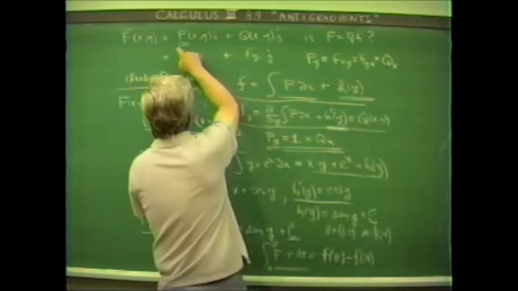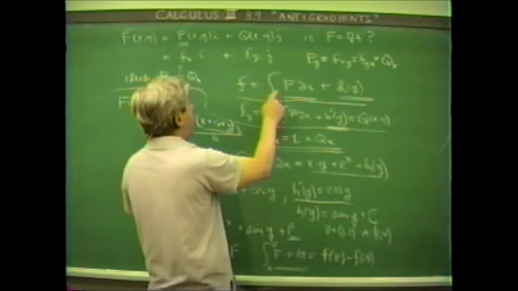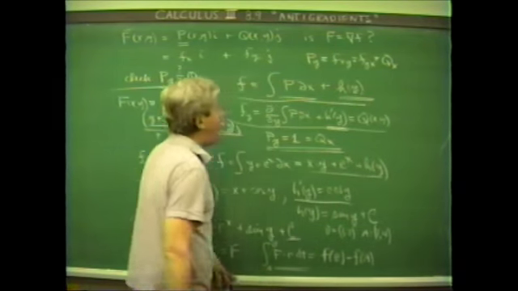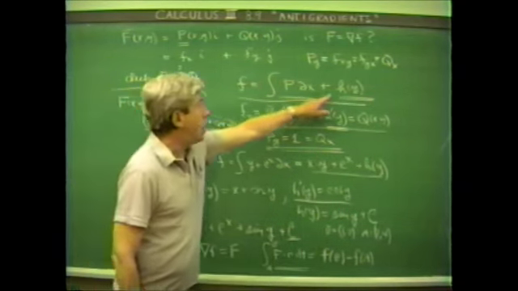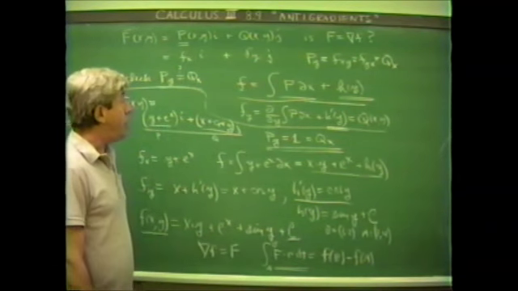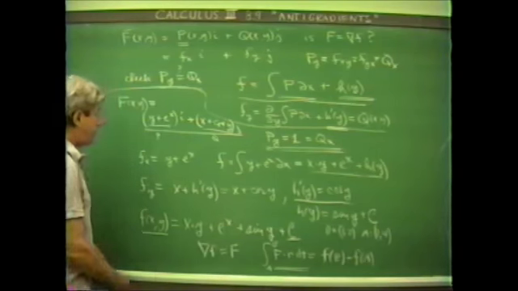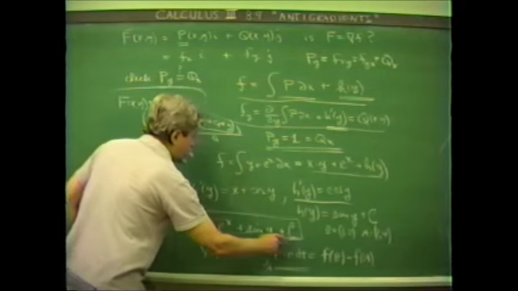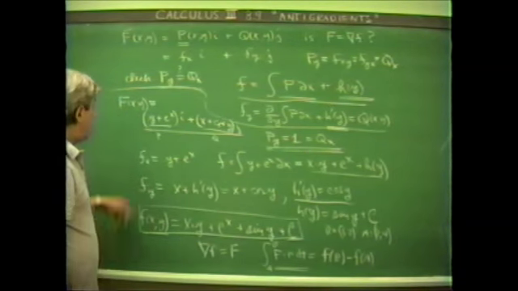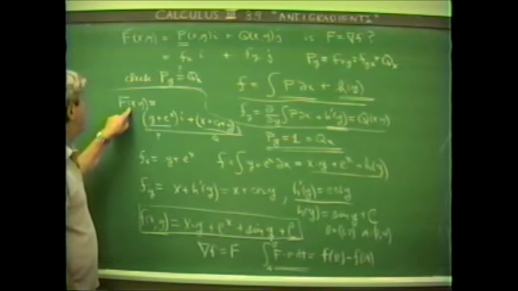Namely, if we had 3 variables and we took the antiderivative with respect to x, we would have to include a function of y and z, proceed on and solve for those functions as they showed up. It's more complicated, but if you've got an answer, you can always check and see whether its gradient is the original capital F.